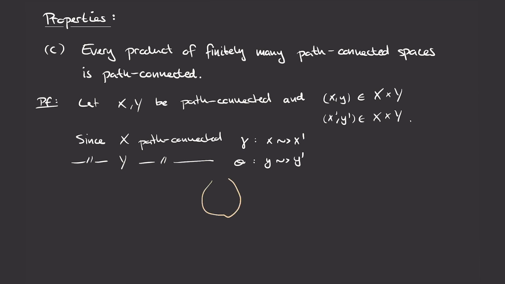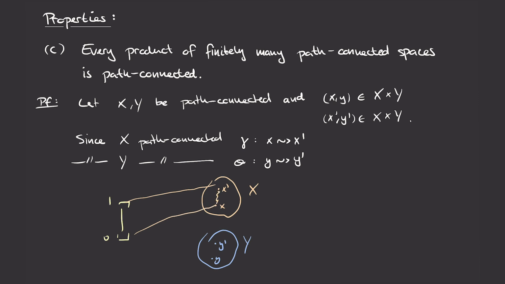So let's again draw a picture. We have our space x here and our space y here. We have a path going from small x to small x prime, and a path going from y to y prime. So this means that we're mapping this unit interval here once up to x to get a path.